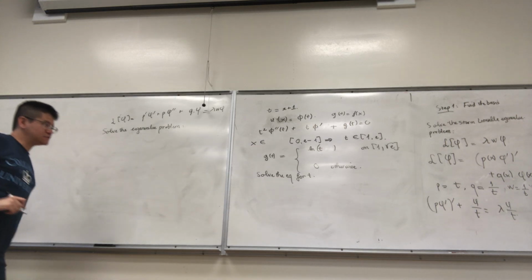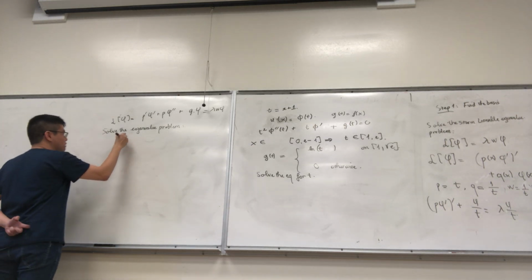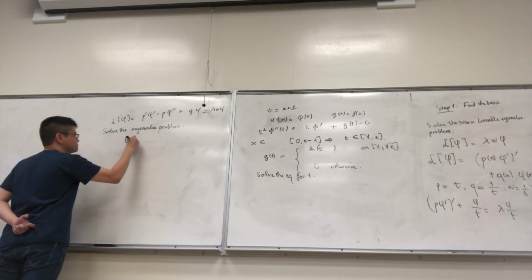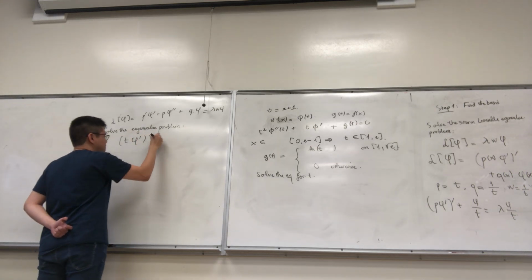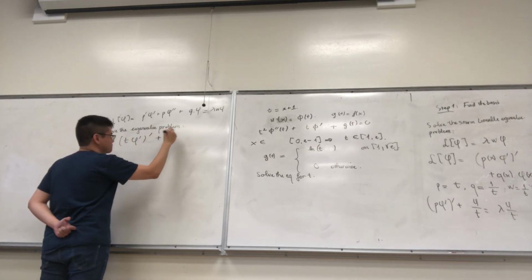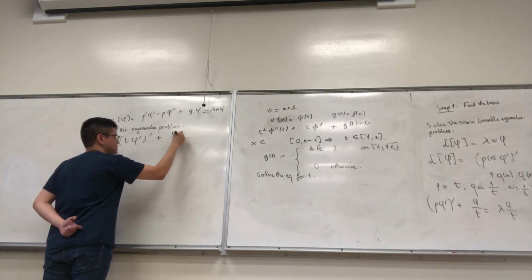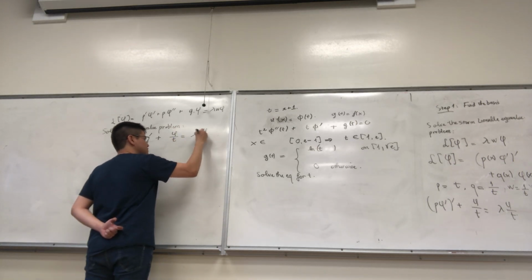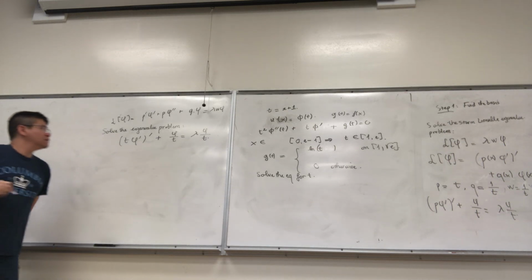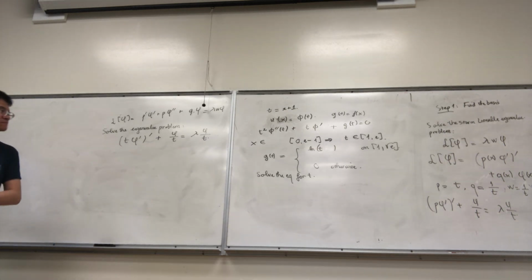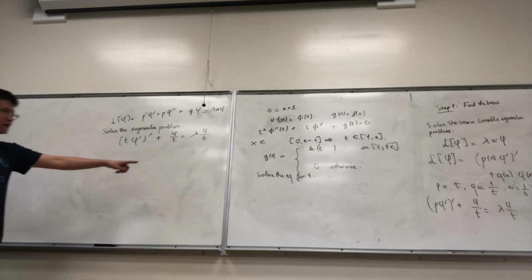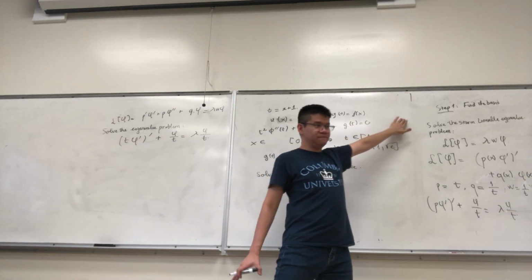So what we have is 1 over T times phi double prime plus phi over T is equal to lambda phi over T. Right? So that I can find a basis for this equation.